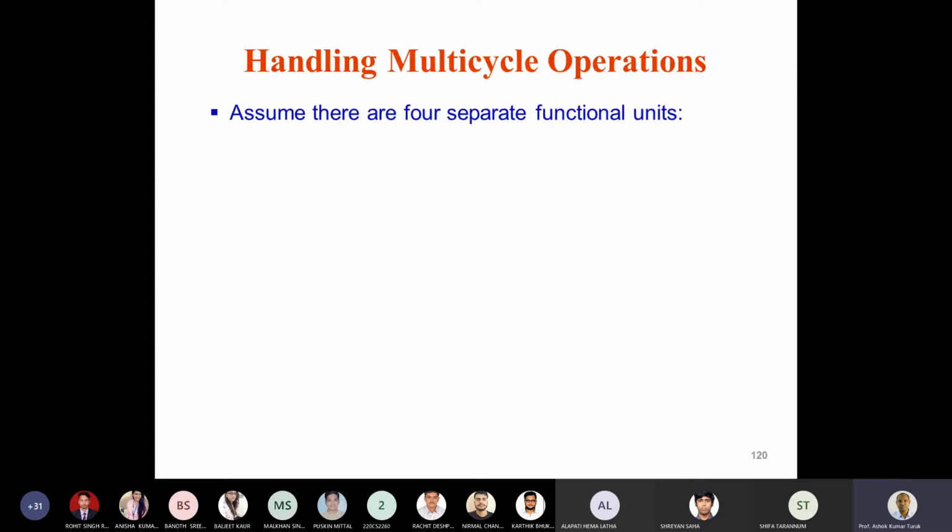So we'll assume that there are four separate functional units. There is an integer unit, and this integer unit performs most of the integer operations like load, store, integer ALU operations, and integer branch. These units are specifically designed to handle certain operations.